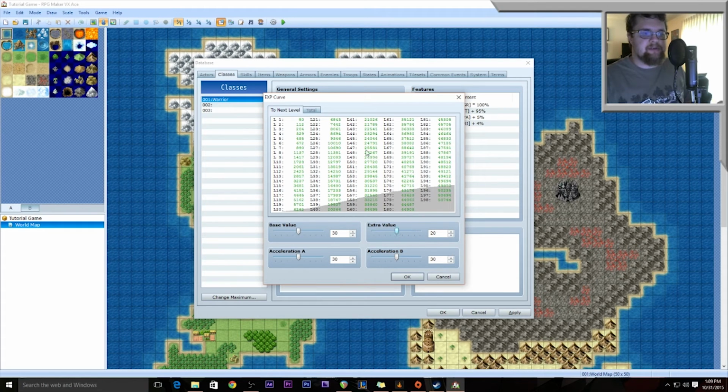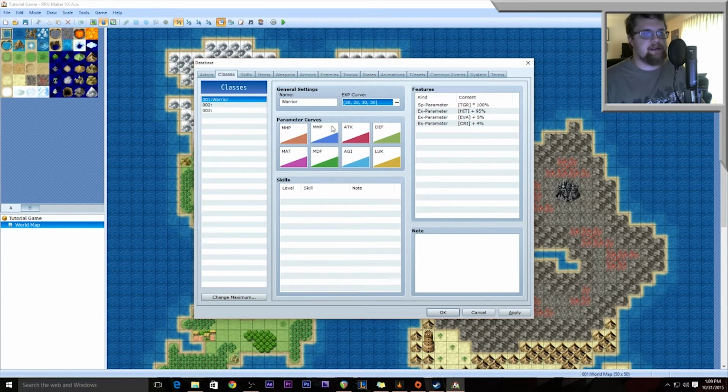You can also change stuff up yourself if you really want to. You can't necessarily go level by level, but you can mess with these things and get it to a number that you want. For game balance reasons, sticking with the default for now is fine, but you can experiment and play with it within your own project and work things out for yourself.